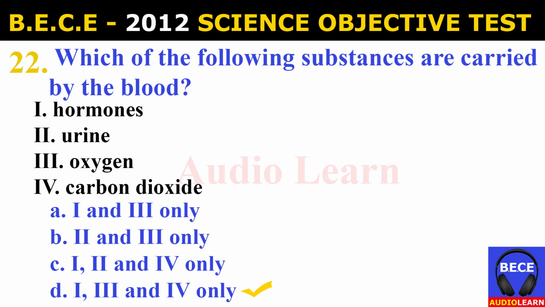D. I and IV only. And the answer is D. I and IV only. The question was, which of the following substances are carried by the blood? And the answer is hormones, oxygen, and carbon dioxide, which means urine is not carried by the blood.